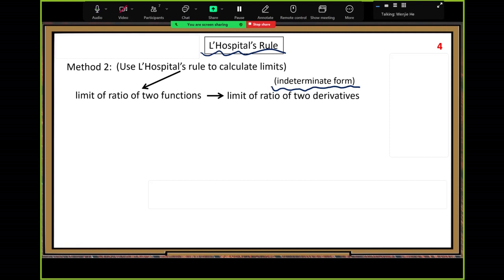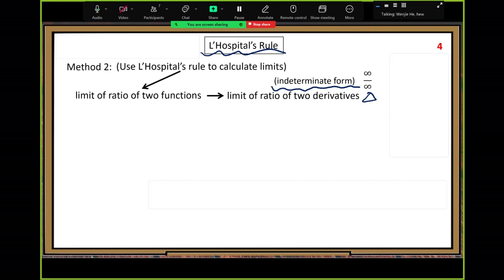What is an indeterminate form? There are several indeterminate forms. In this class, we only use the first one, the infinity over infinity indeterminate form. The top infinity means the numerator function goes to infinity when n goes to infinity.